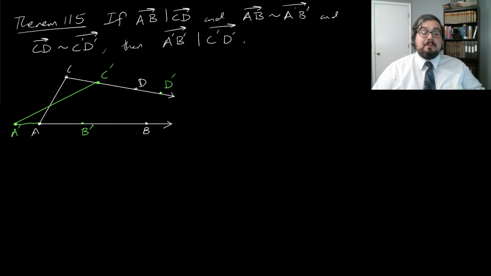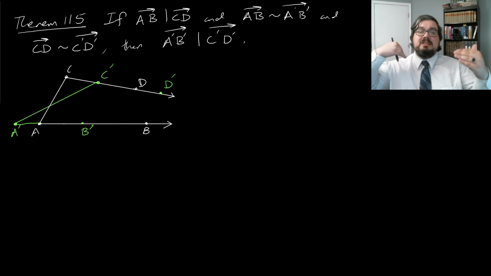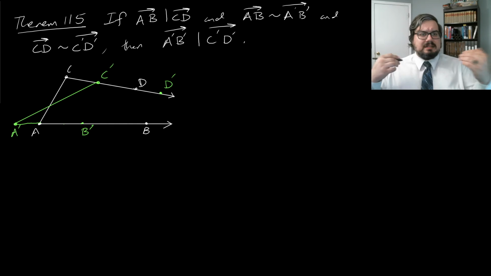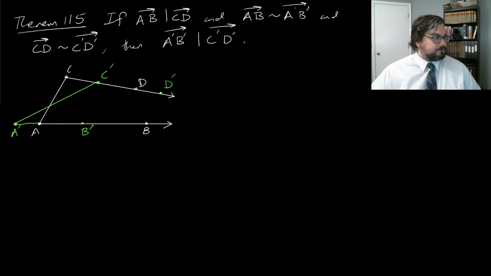But being critically parallel is a statement about what happens in the long term. In the Poincaré model, it's a question about would the lines intersect if we included the boundary of the model here. It doesn't really depend at all upon where they start.